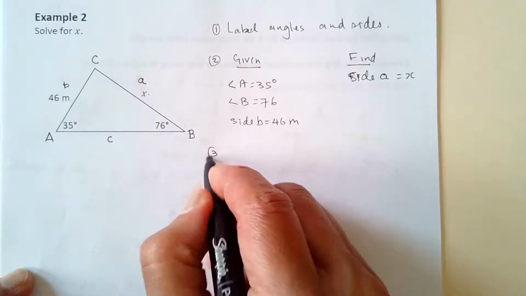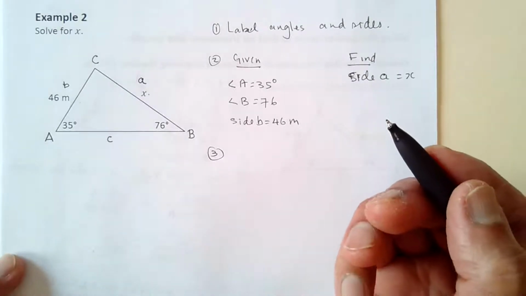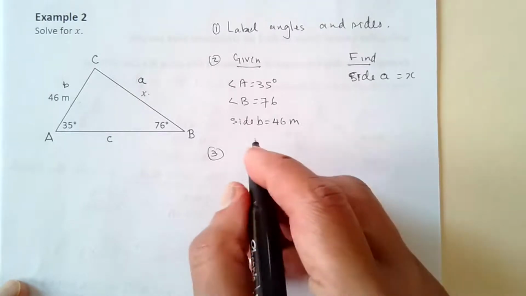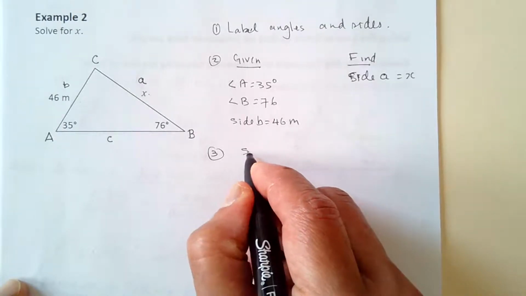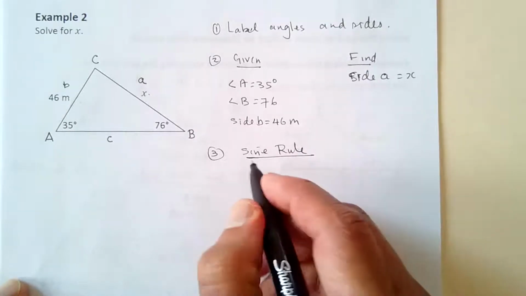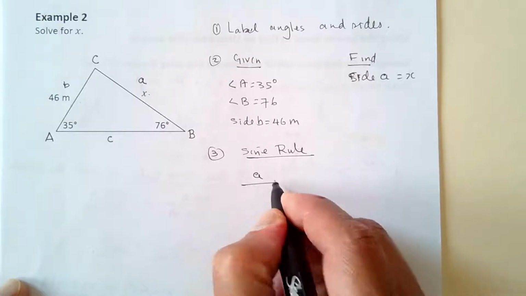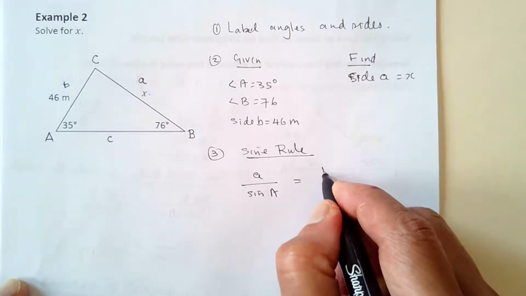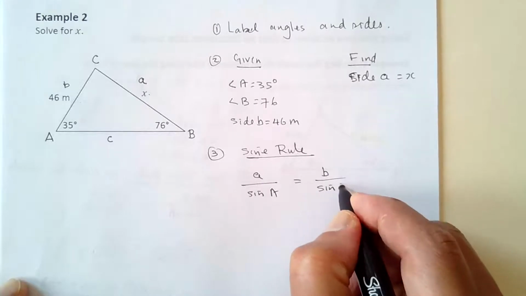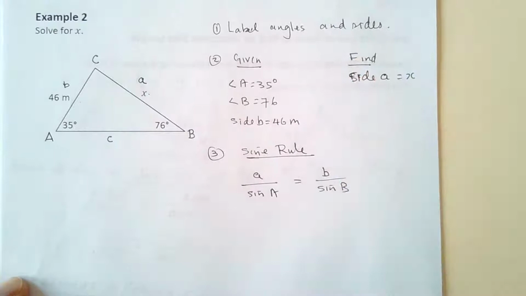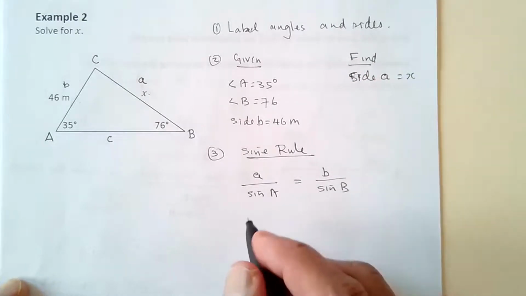Step 3, we write our sine rule: A over sine A equals B over sine B. Then I substitute the given values into the sine rule formula.